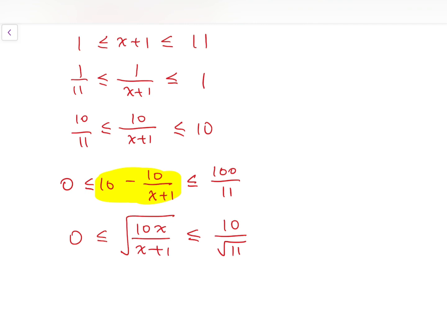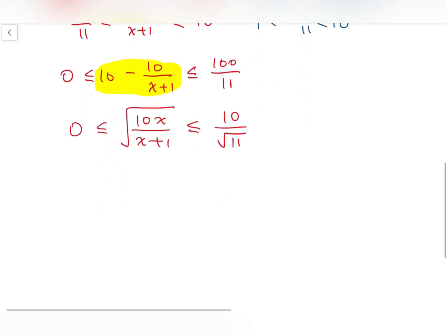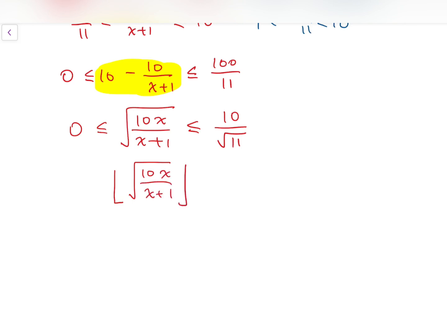Let's look back at the fraction. 100 over 11 is between 9 and 10, so the square root of that should be between 3 and 4. If I take the floor function, that will give the integral part, because the ranges above are on non-negative numbers. So we have the floor function to be between 0 and 3.